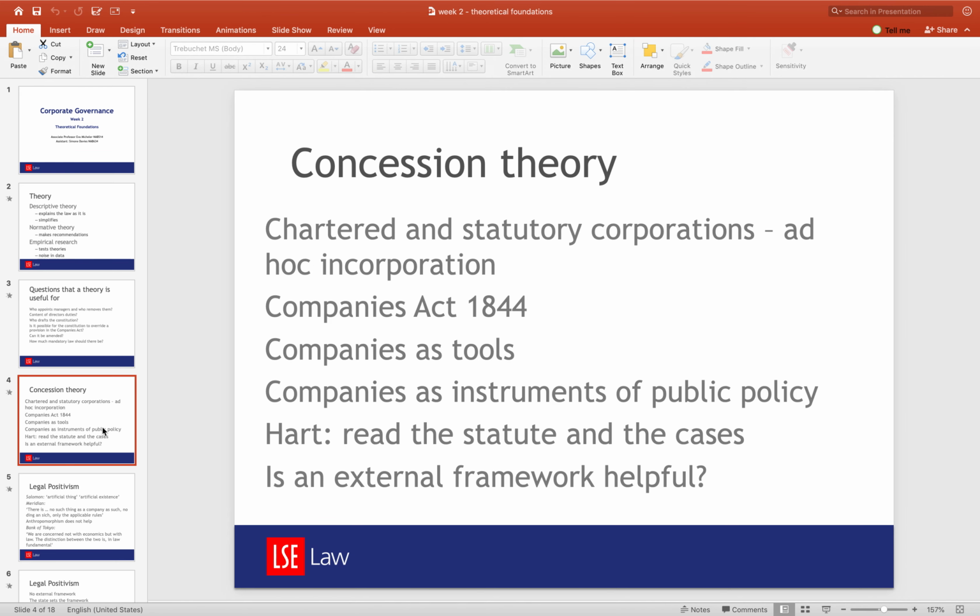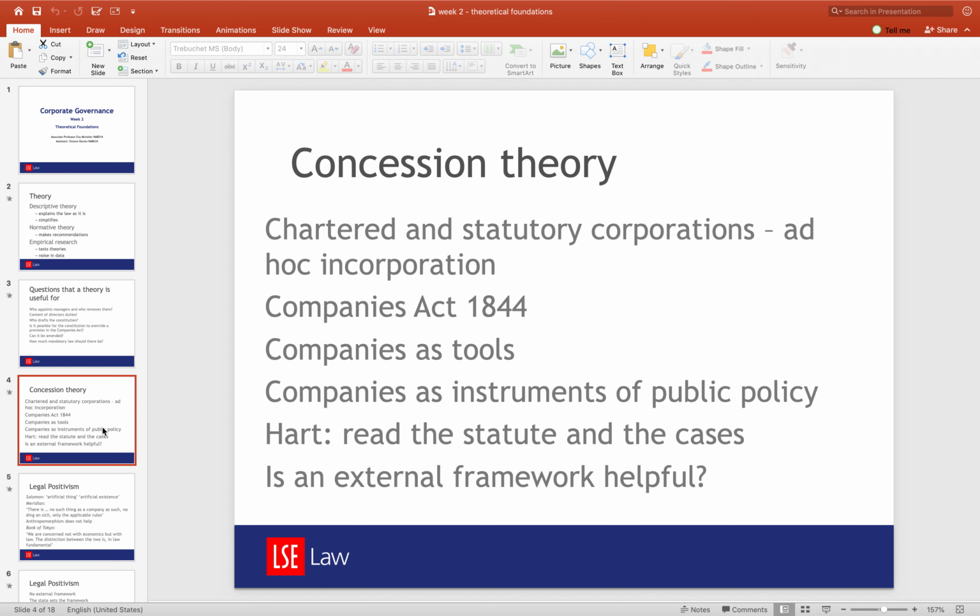Now, this is to put on the table a very old theory, concession theory. And it's old because companies used to be, when they were first created, an extension of the involvement of the state in the economy.